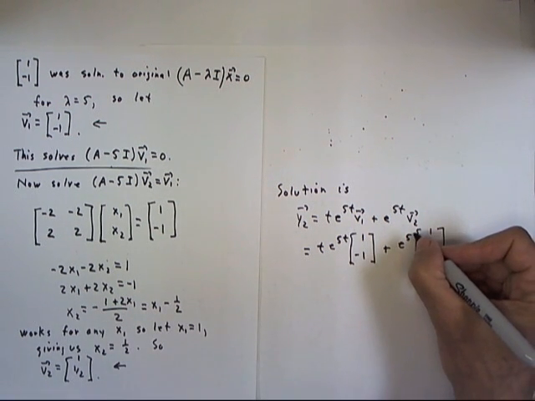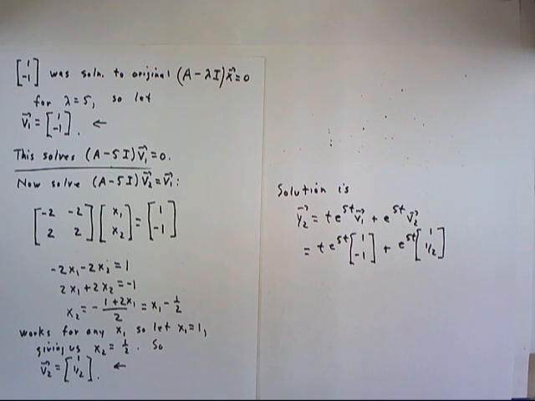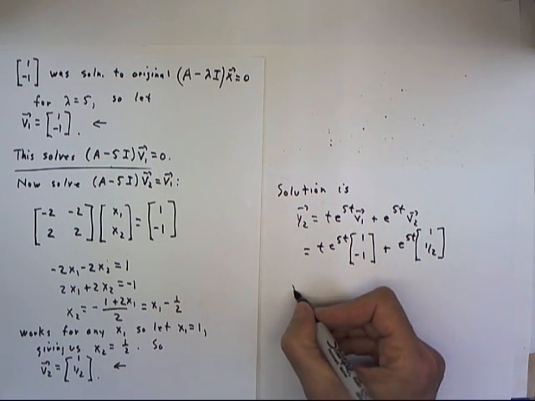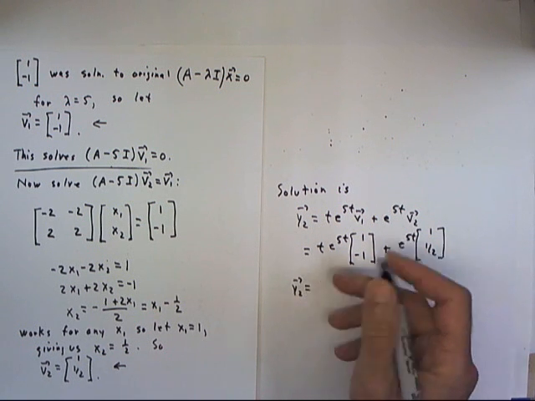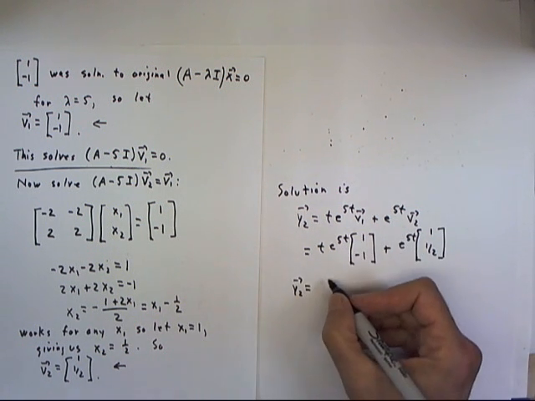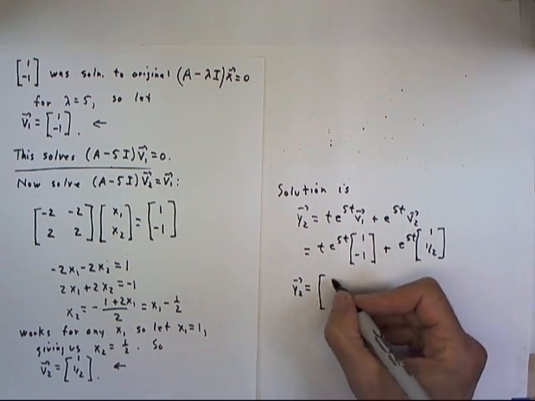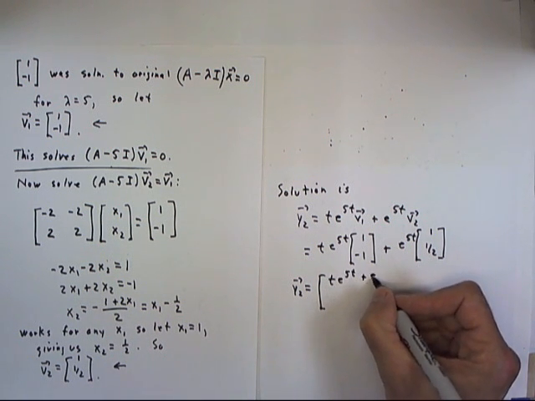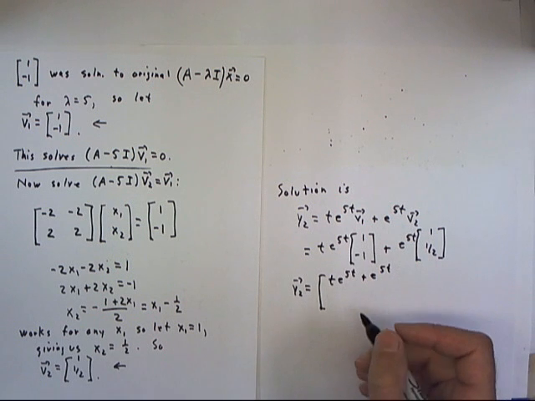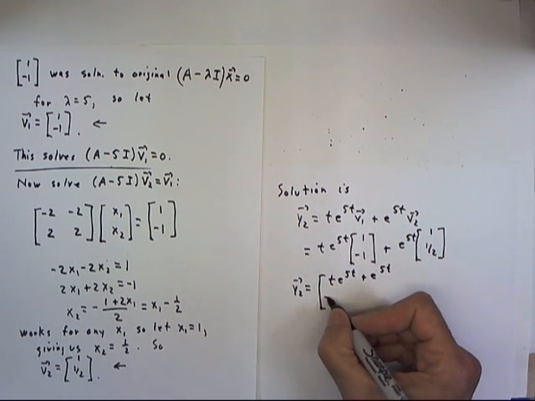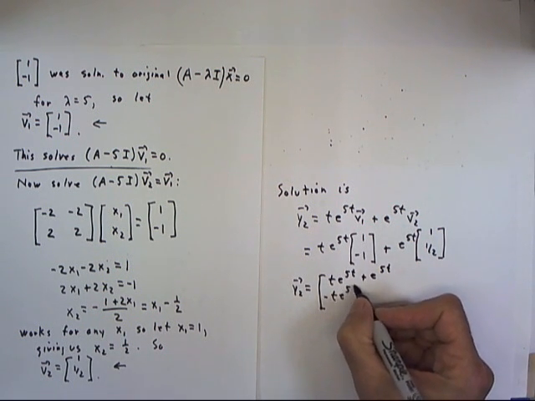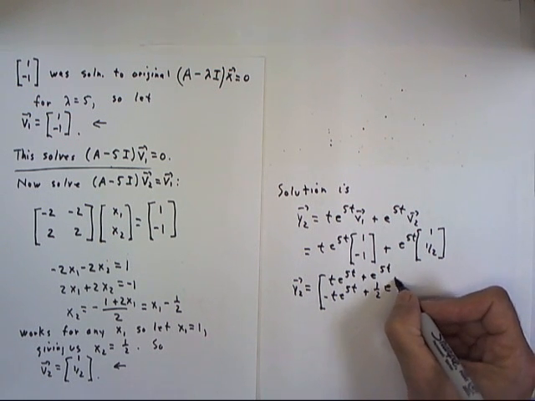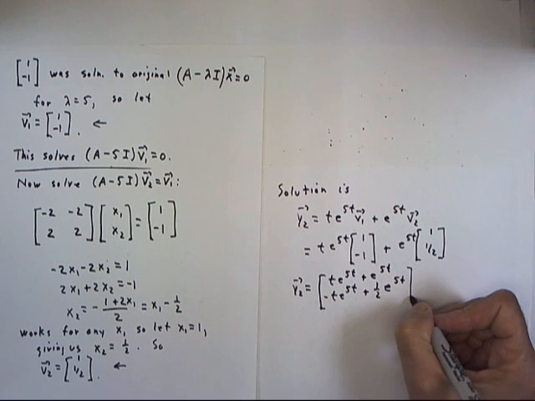And that's e^(5t). I said it, I didn't write it. So finally, distributing and adding up, we get y2 is (t e^(5t) + e^(5t), -t e^(5t) + 1/2 e^(5t)).